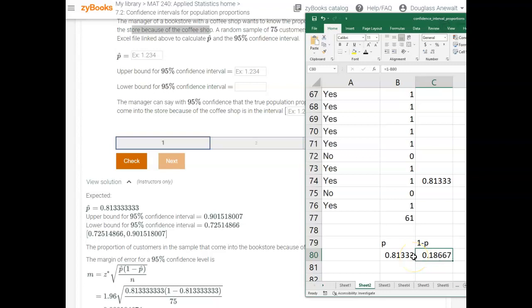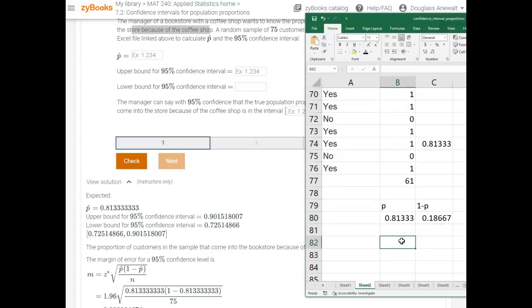Those two things add up to 100%. So now working the calculation on top, I multiply those two values by each other, and I divide by the sample size. Close the parentheses. 75 here is the sample size. The problem states that, and you can see that in Excel as well. So divide by the sample size.